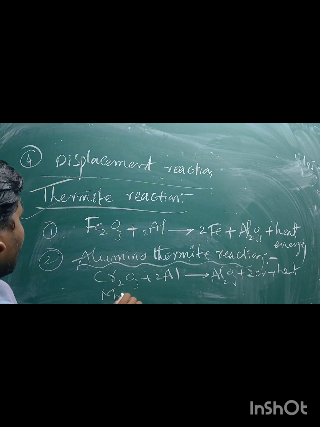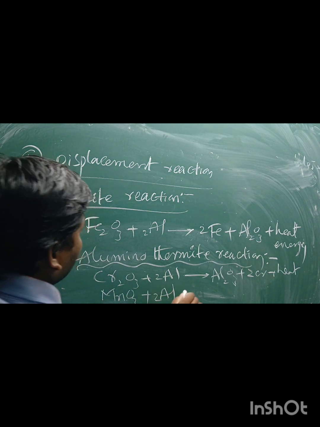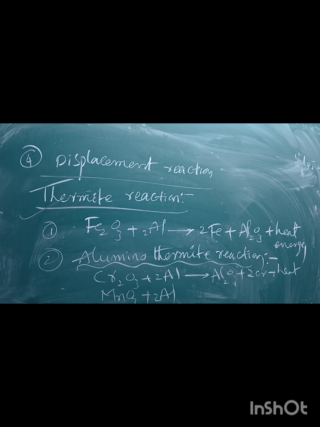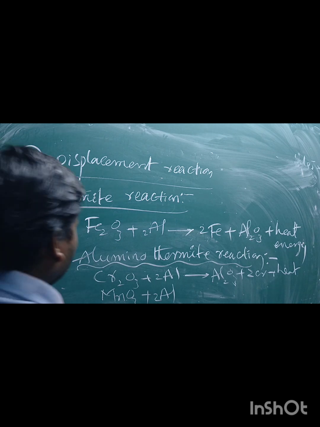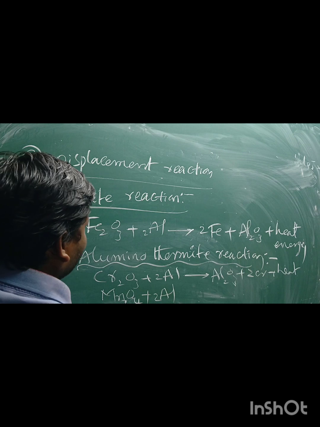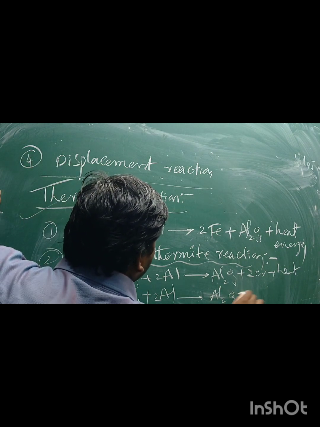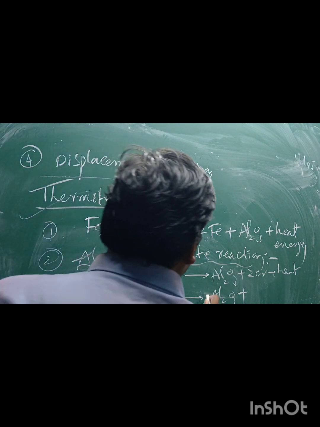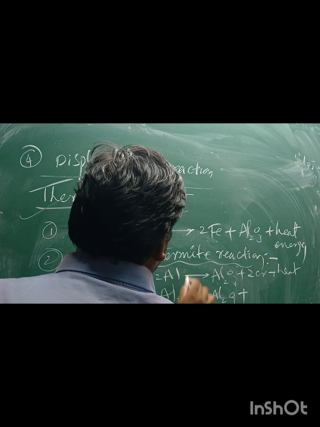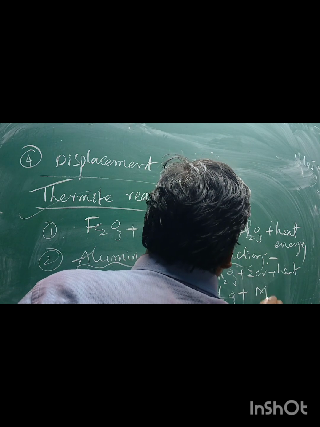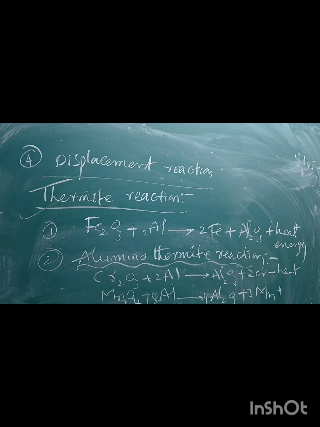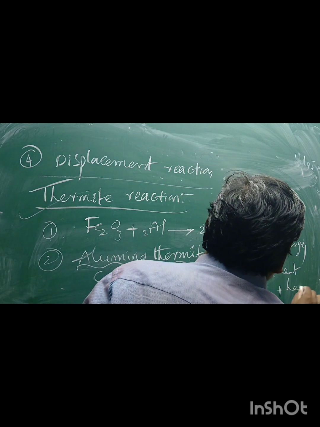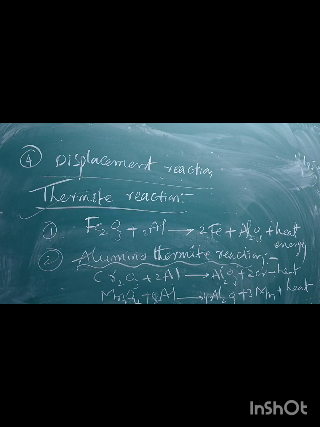Like that, Mn2O3 reacts with aluminum to form Mn3O4, then Al2O3 plus 3 Mn plus heat. These are the examples for thermite reactions.